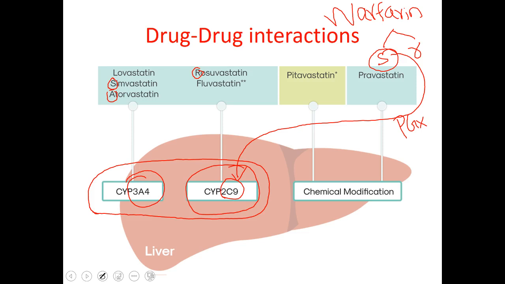Good. So, of these 3 drugs that we commonly use among statins, please keep in mind CYP3A4 metabolizes atorvastatin and simvastatin, and 2C9 metabolizes rosuvastatin. Why should I keep this in mind? As a clinician, what is the significance of this?